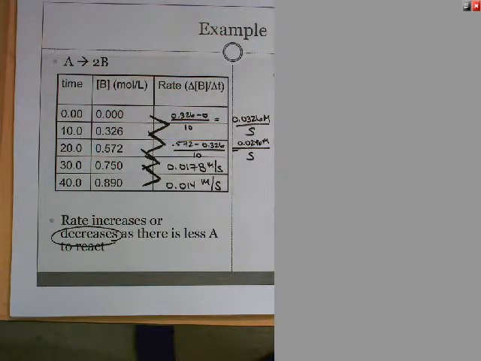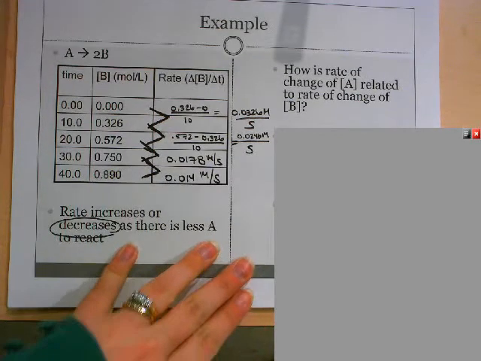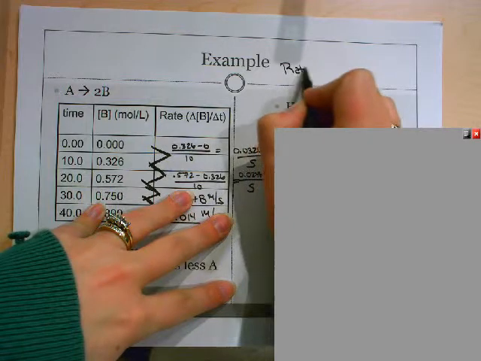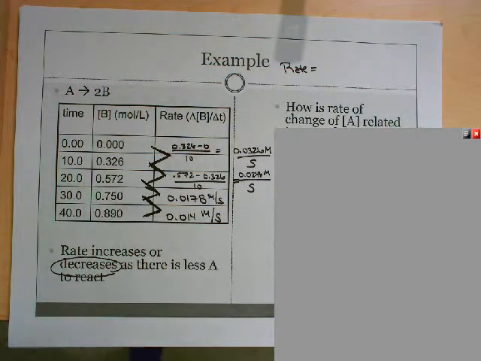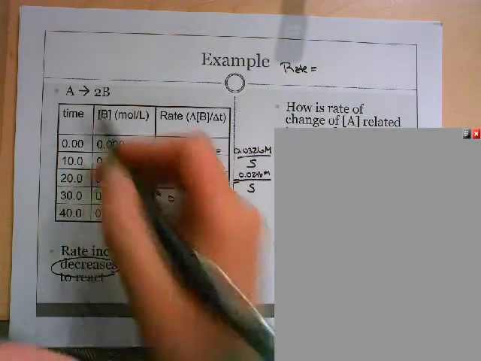So if I know this information about B, I can then learn some things about A. So the question is, how is the rate of change of concentration A related to the rate of change of B? This is what we did on Wednesday. I want to write an equation that looks something like, I'll write it up here because I have lots of space. Rate equals, if I am looking at B, what fraction does B get?